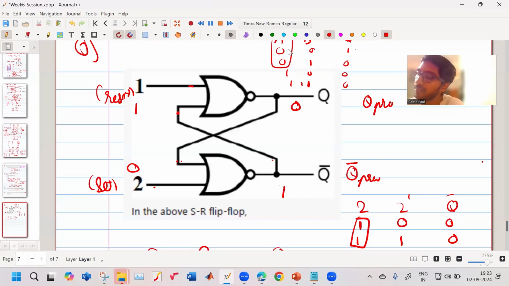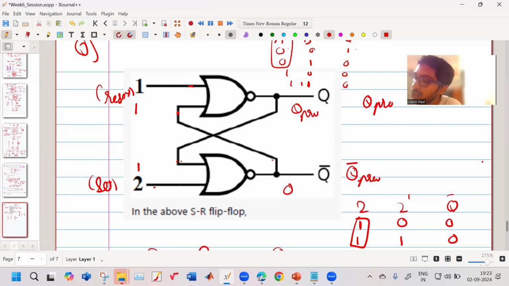Now what will happen if both are 1? Let us say this also is 1, and instead of this being 0 and 1, let us say this will be Q previous. So 1 and Q previous will result in 0.